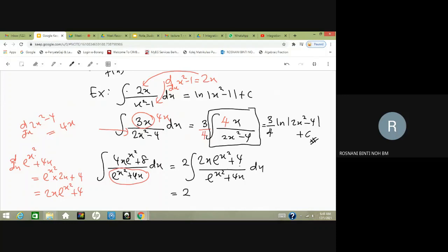So now your fraction is already in the form of f prime x over fx, where your numerator is the derivative of your denominator. So the answer is 2 ln |e^(x squared) plus 4x| plus c.